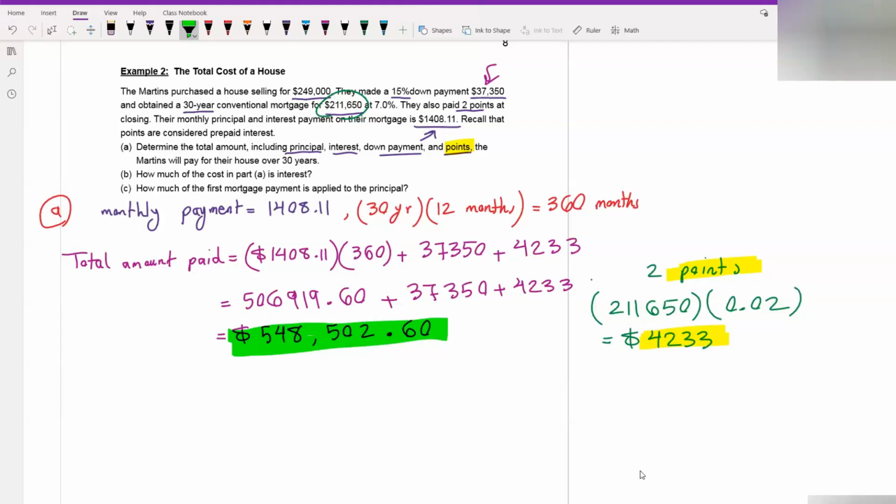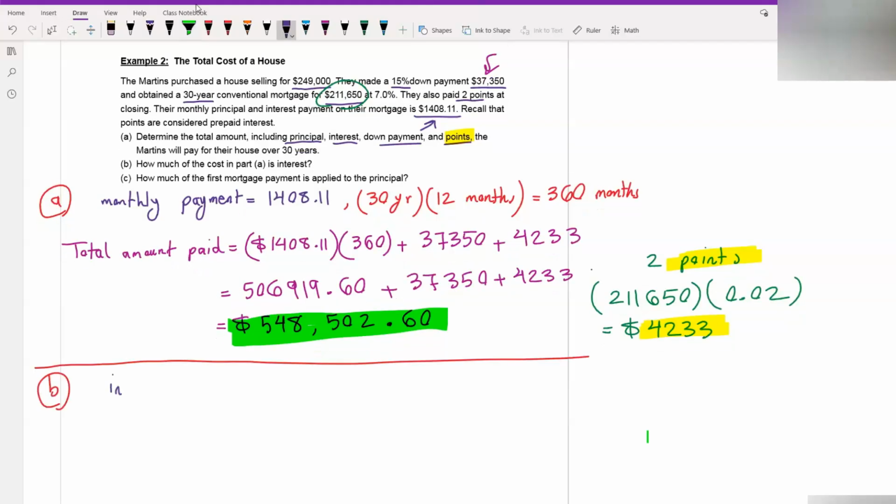Now part B, how much of the cost in part A is interest? Finding interest, I only need to subtract.